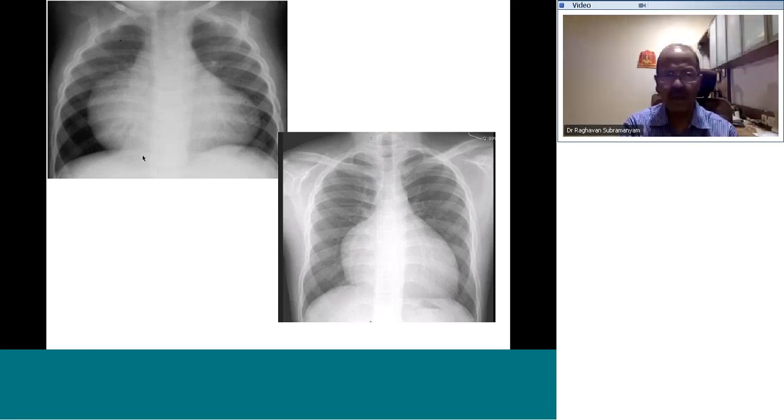So the classical findings of an Epstein's chest X-ray are cardiomegaly, particularly enlargement of the right atrium, a square box-shaped appearance of the right atrium. Along with that, a particularly non-prominent or even concave right ventricular outflow tract, and lungs which are normal or relatively oligemic.